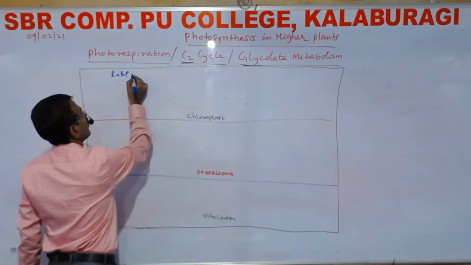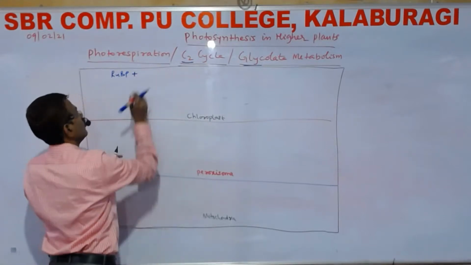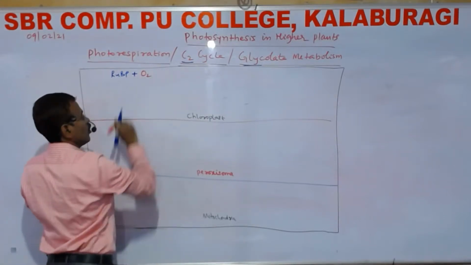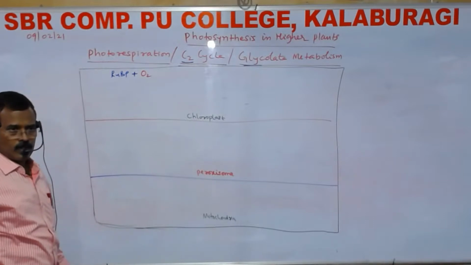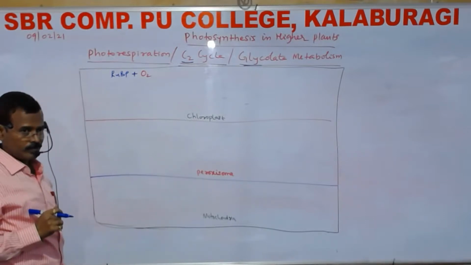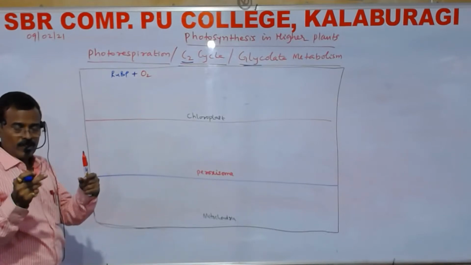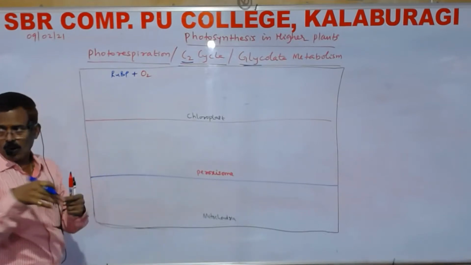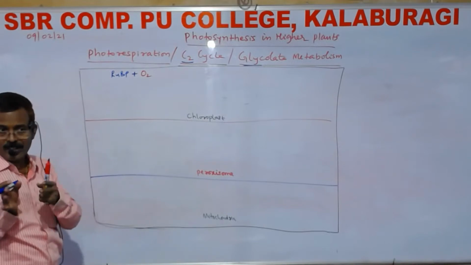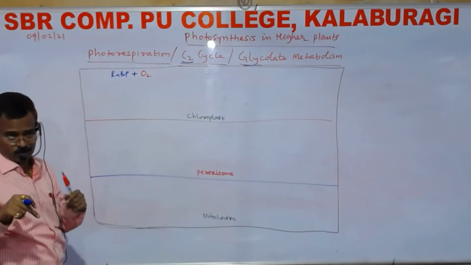This ribulose 1,5 bisphosphate fixes oxygen, not carbon dioxide. The enzymatic site, whether CO2 should bind or oxygen should bind, is determined by the relative concentration of these two gases.